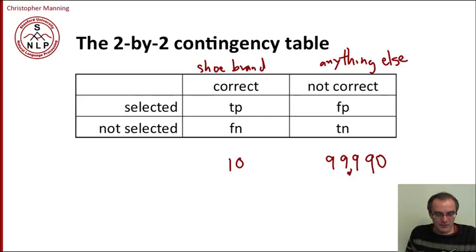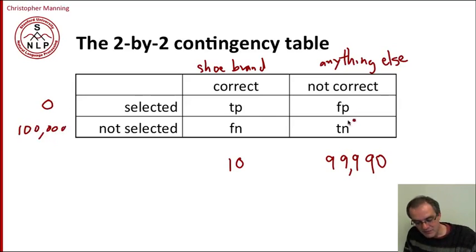Well, if we build a classifier, presumably even if it's a mediocre classifier, we're going to say most words are not a shoe brand. And if we go straight to the limit case, one possibility is that our classifier could say that no word is a shoe brand, so it doesn't select any words as shoe brands, and it says that all 100,000 words are not shoe brands.